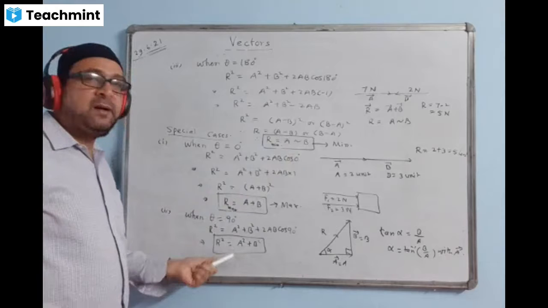And this will give an intermediate value. The resultant will lie in between the maximum and minimum.